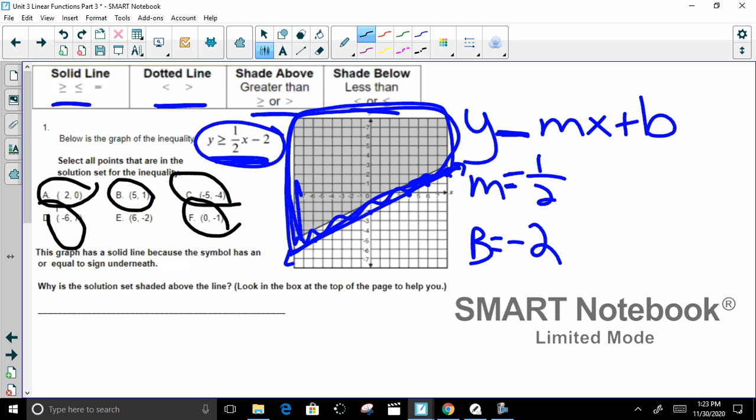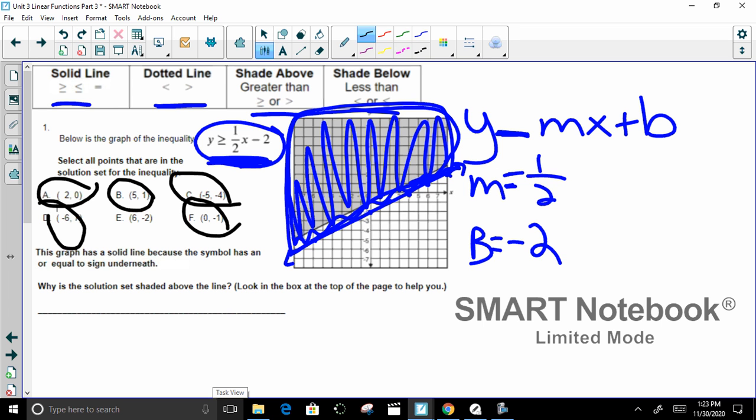Also, these points above here are greater than or equal to, which again says the same thing. It makes your inequality true. So, because all points above the line make the inequality true.